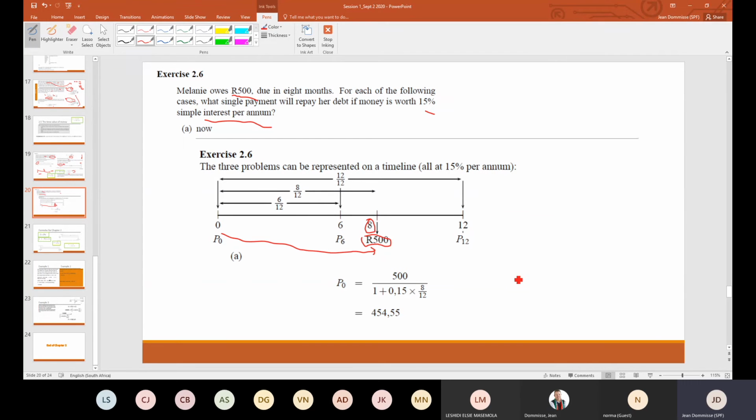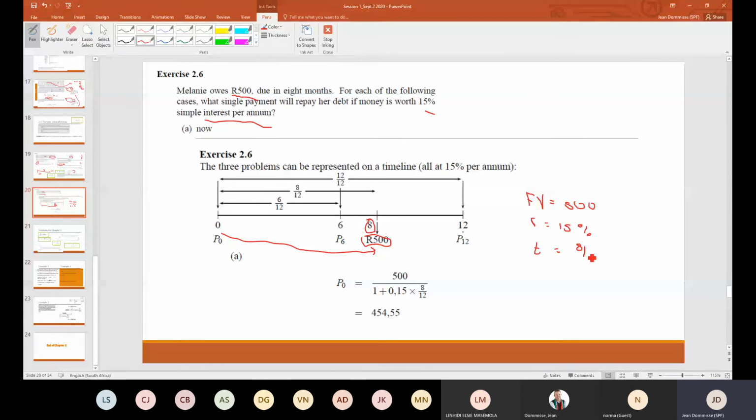So we know what the future value is. The future value is 500. We know what the interest rate is, so your R is 15%, and we know what T is, so the T is 8 divided by 12.